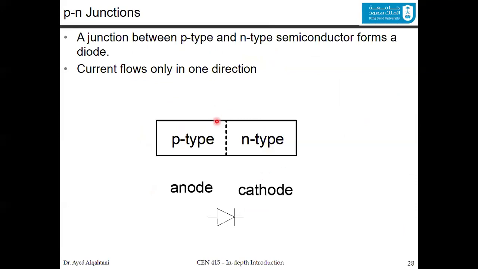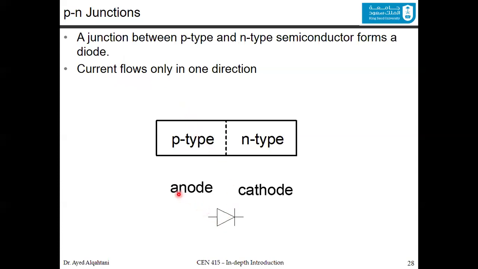Now, if we have a P-type and we connect it very close to an N-type, we will have a PN junction, which forms a diode. Diodes allow the current to flow in one direction and prohibit the current from moving in the other direction.